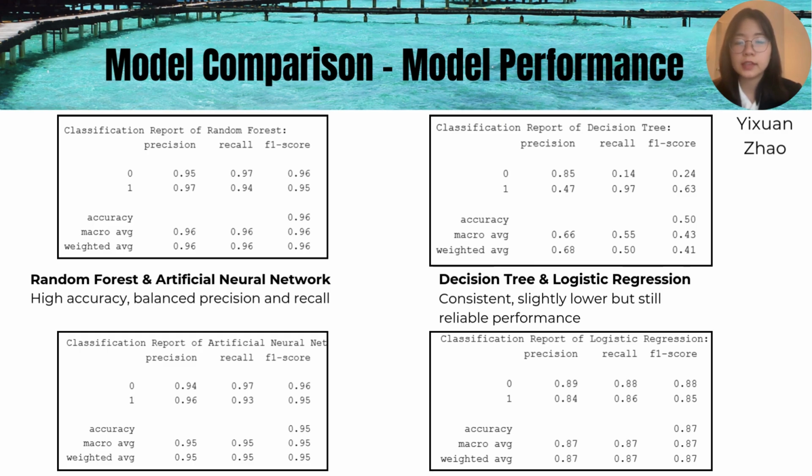This suggests that they are not only highly accurate, but reliable in identifying both satisfied and dissatisfied customers. The decision tree model showed good classification ability with an accuracy of up to 90%, clearly distinguishing between the two categories. The logistic regression maintained a stable and balanced performance, which is particularly important when dealing with a balanced dataset.